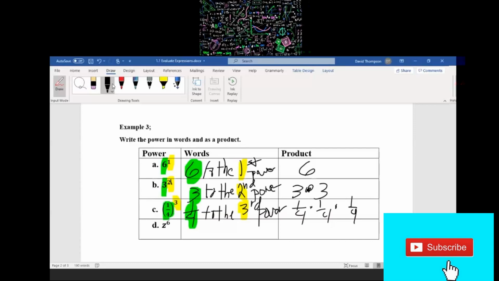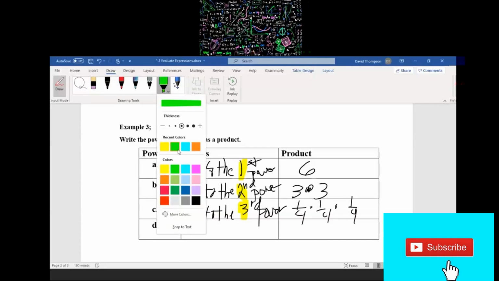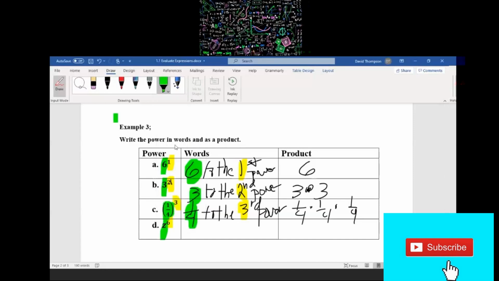Part D. We have z to the 6th power. You just rewrite this as z, highlighting the base in green, to the 6th power.